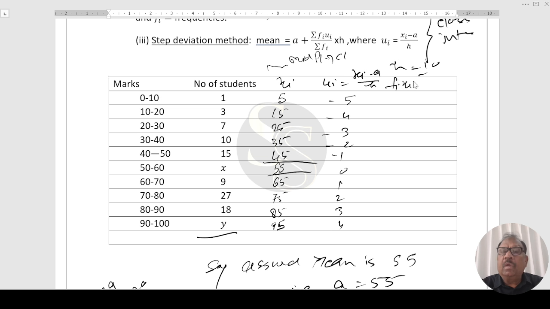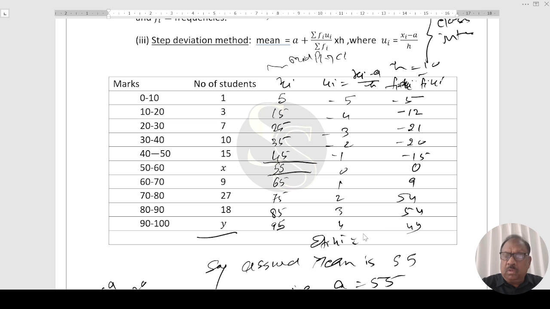Now summation fi ui. Multiplying fi into ui, this comes out to be minus 5, minus 12, minus 21, minus 20, minus 15, then 0, then 9, then 54, then 54, then 4y. On simplification, summation fi ui comes out to be 44 plus 4y.